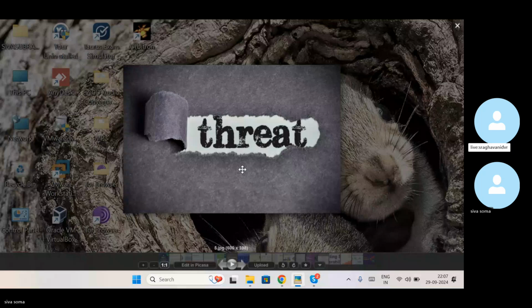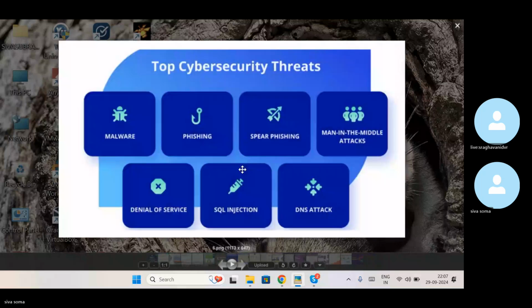Then classify that term. So many categories there. So these are the top cybersecurity threats. First one is malware. Malware means malicious software. Phishing is nothing but a similar site, a fake website that looks like the original. Spear phishing is also a similar kind of thing.